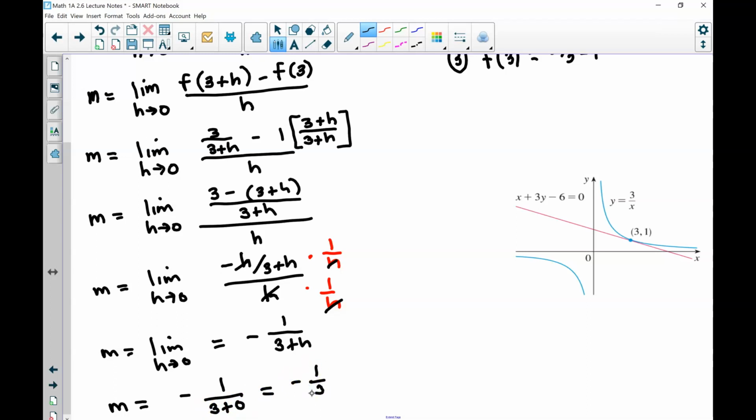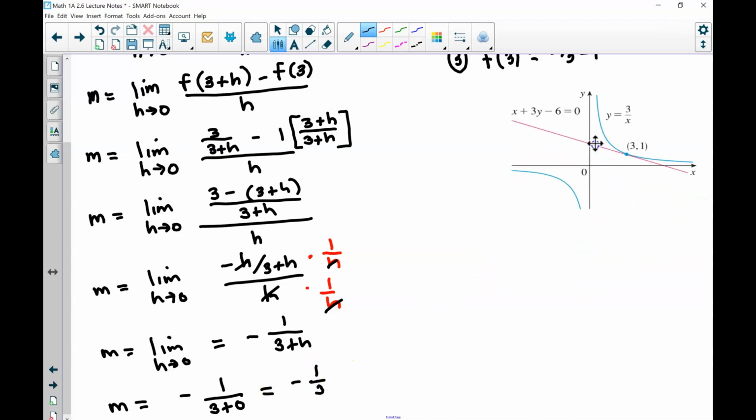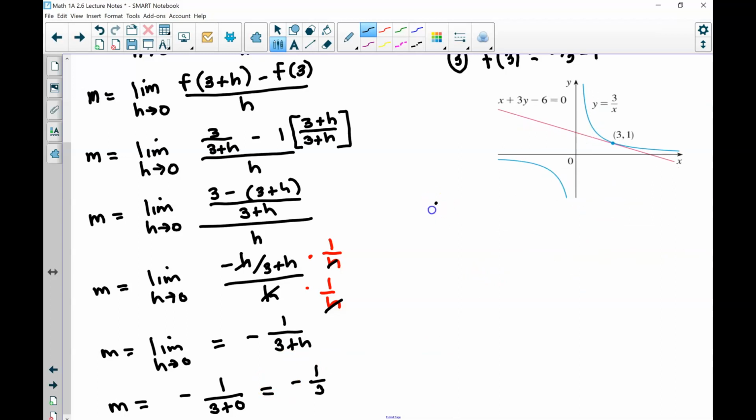So now we have our slope and our point that it's passing through. The slope is negative 1/3, and the point is 3, 1 from the given information. Now we use the point-slope form: y minus y1 equals m times x minus x1.